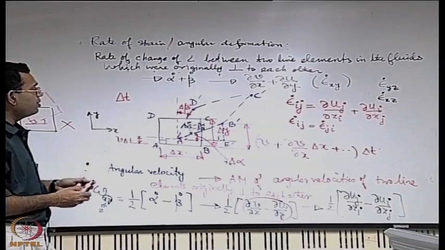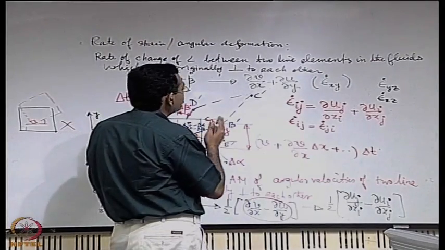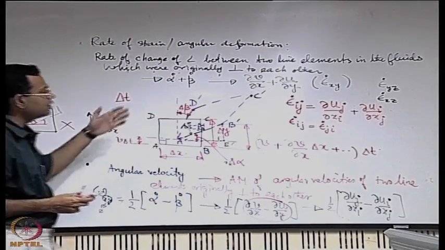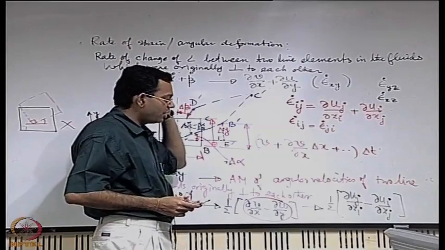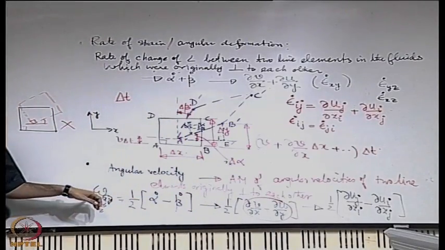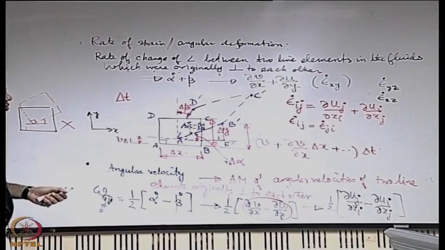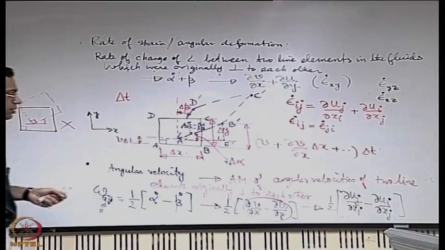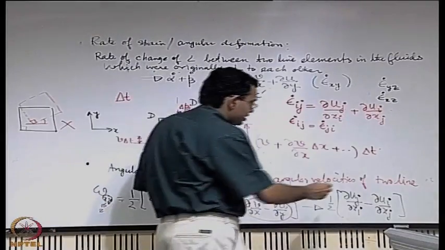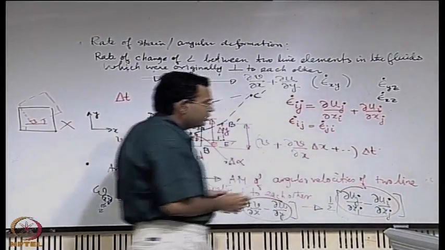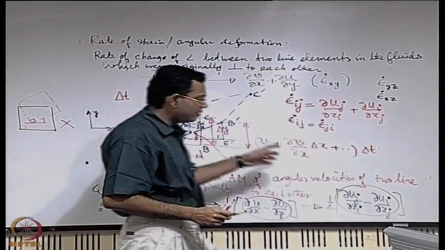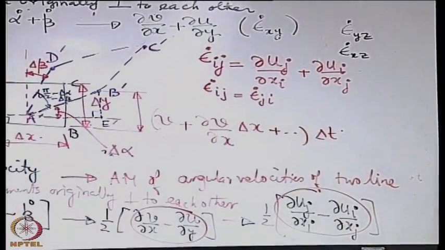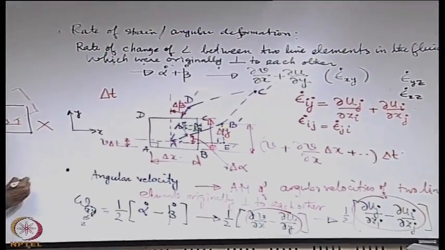Now if we see clearly, we have come up with two different types of angular motion representations. One is through this epsilon dot ij, another is the omega, the angular velocity, and it is possible to see what they actually represent when they are combined with each other. If you look into the expression for omega, if you write it in a matrix form, what is the relationship between omega ij and omega ji?